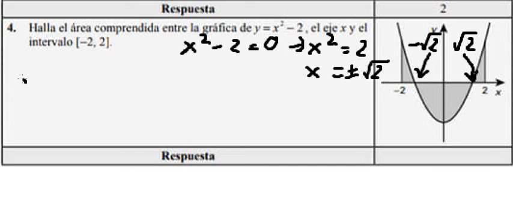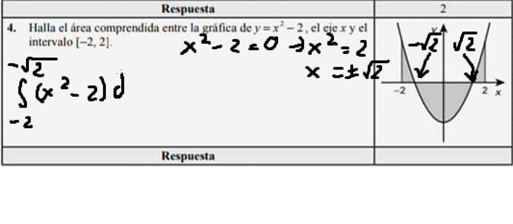So we have the integral from negative 2 to negative square root of 2 of s squared minus 2 ds. This one we need to put the negative because you get negative in here based on the graph.